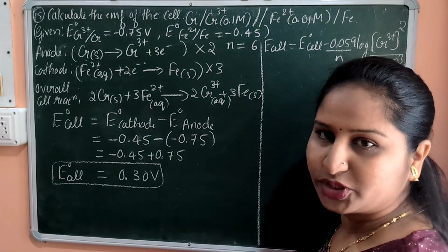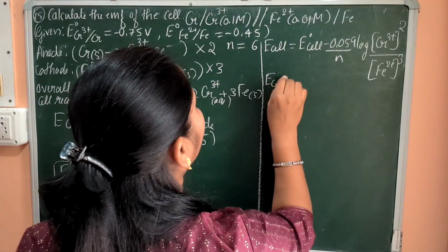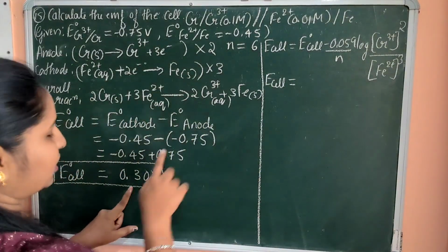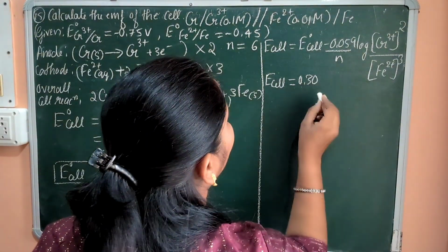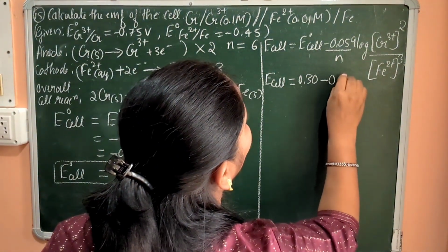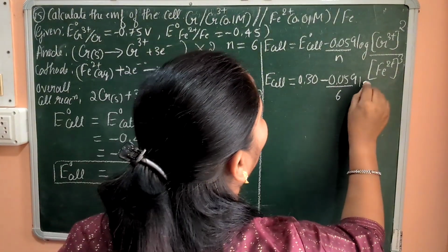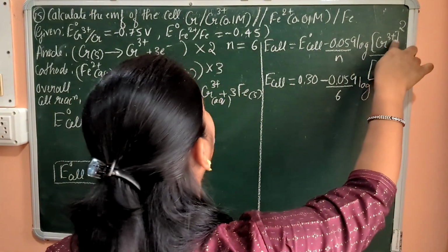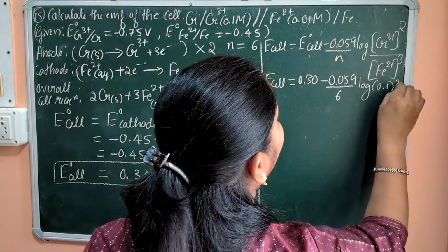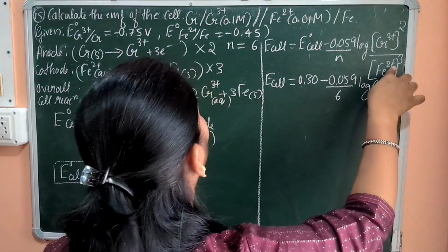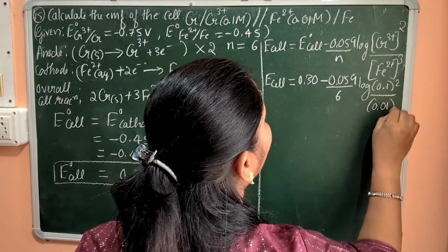Then we have to substitute the values of concentration here. Now E cell is equal to E naught cell, we have got the value as 0.30, minus 0.059 upon n, value is 6, and log of the concentration of chromium 3+, which is 0.1, so I'll write 0.1 square, and here Fe2+ is 0.01 cube.